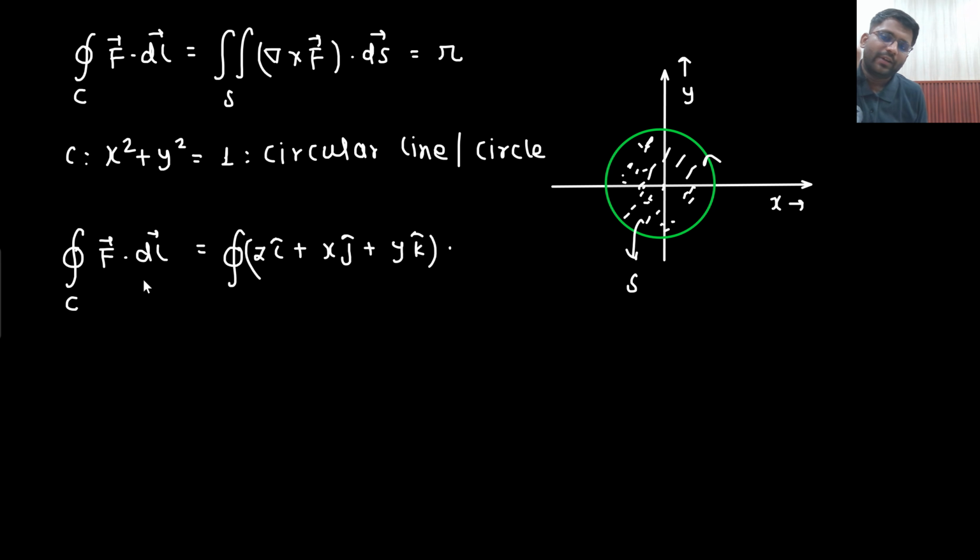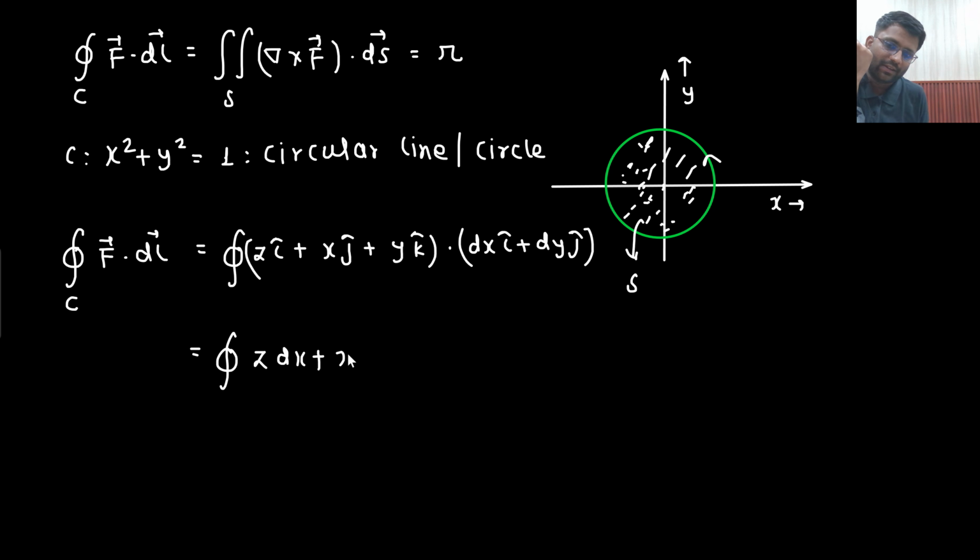Closed line integral we are supposed to calculate. In which plane are you moving? In the xy plane only you are moving, so dl is dx i cap plus dy j cap. So what you are getting is z dx plus x dy on this closed line.